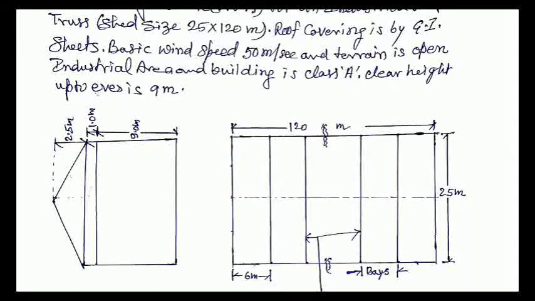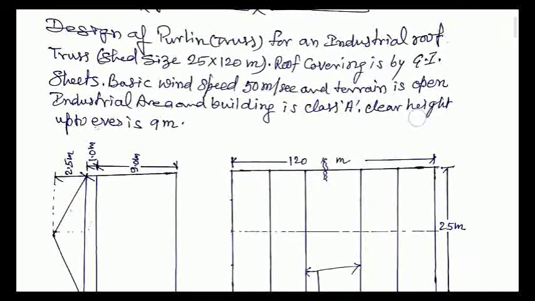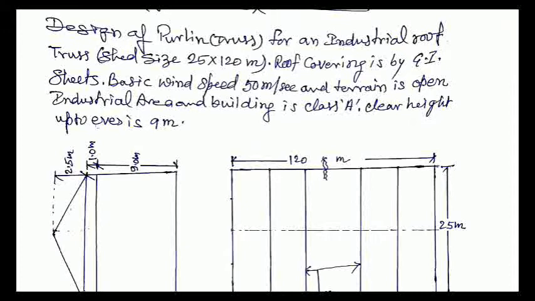So here's a problem. We are asked to design a purlin of a truss for an industrial roof truss. The shed size is given 25 by 120 meter. The roof covering is by GI sheets, galvanized iron corrugated sheets.